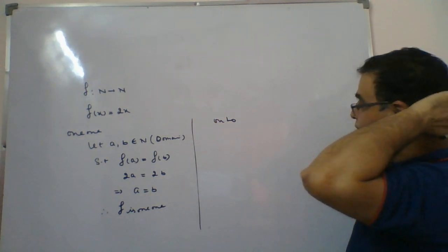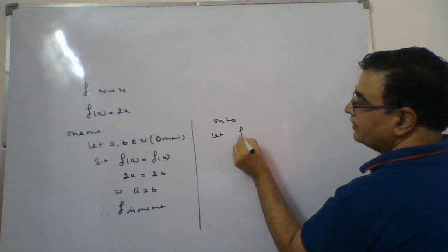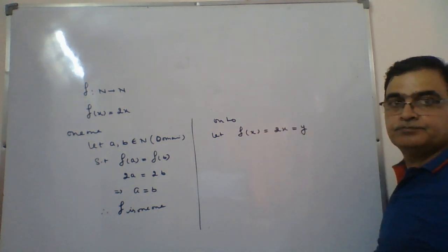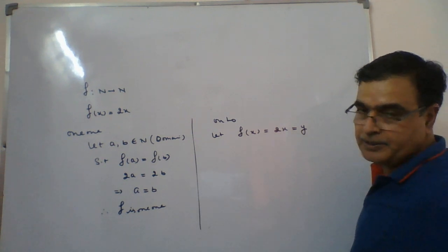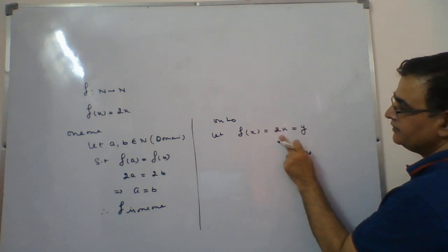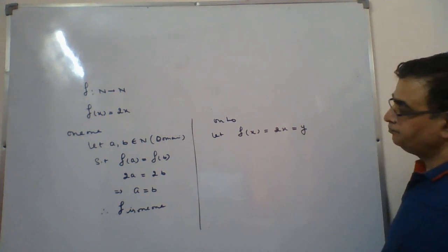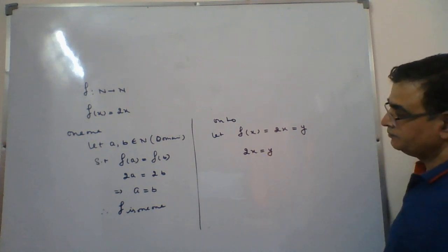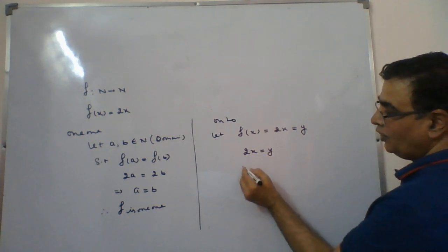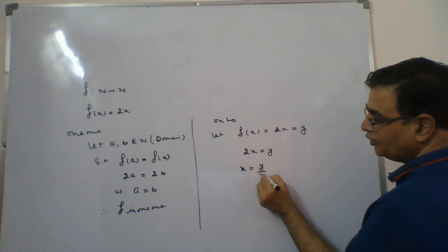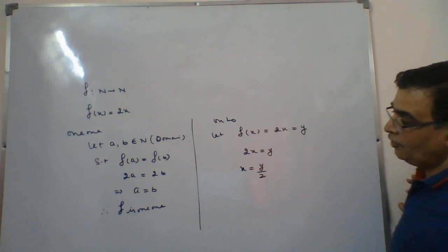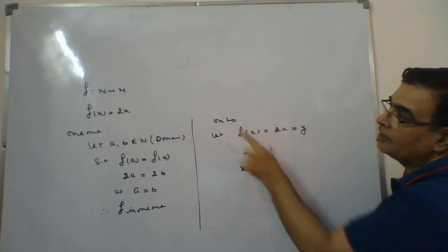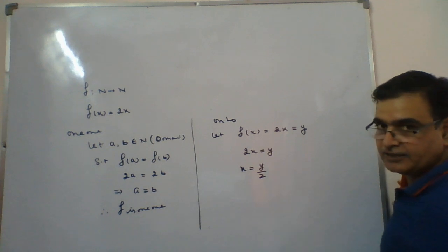In the onto function, what do we do here? Let f(x) equal to 2x be taken as y. And what I have to show is that for every y there must be an x. So here f(x) is 2x, which is y. What I should have here is 2x equals y, right? So x comes out to be y by 2. Now if you check, x is y by 2. Y is a natural number, yes. Is its half another natural number?